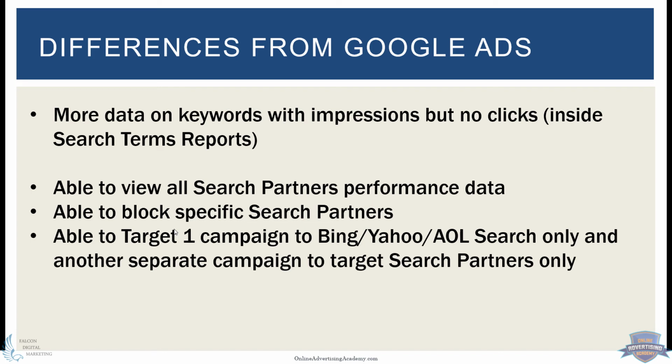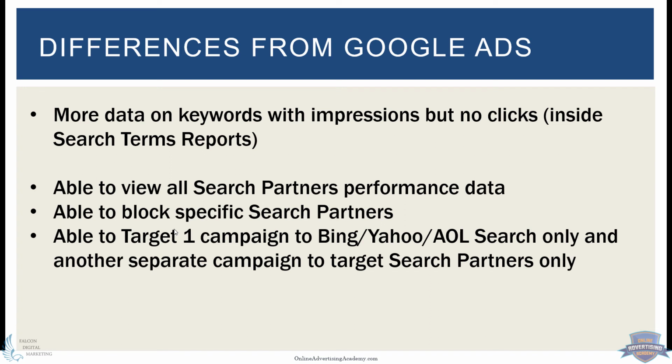Also, with this, you can even take campaigns, and one advanced strategy is to do one campaign that targets the search engines only. So you can say, I want to target Bing, Yahoo, and AOL only. And then you could do another campaign that only targets the search partners and not the major search engines. So if you have a higher budget, that's an advanced strategy to split them into two.